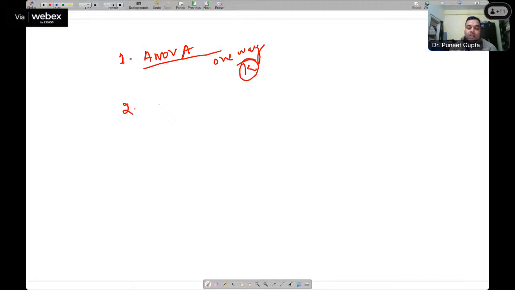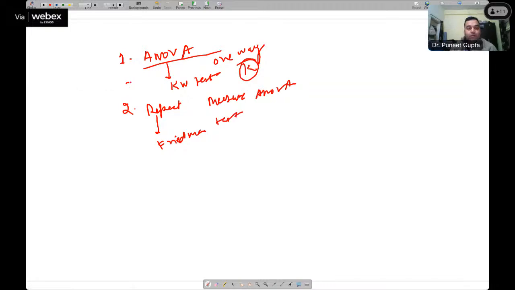Then the non-parametric alternative of one-way ANOVA is the Kruskal-Wallis test. Second, the extension of the paired sample t-test is repeated measures ANOVA. And again, the non-parametric alternative of this is the Friedman test.